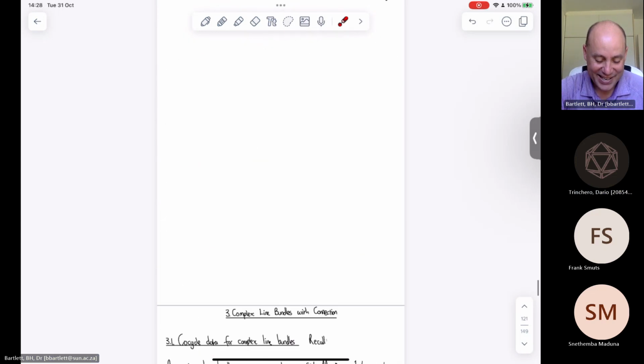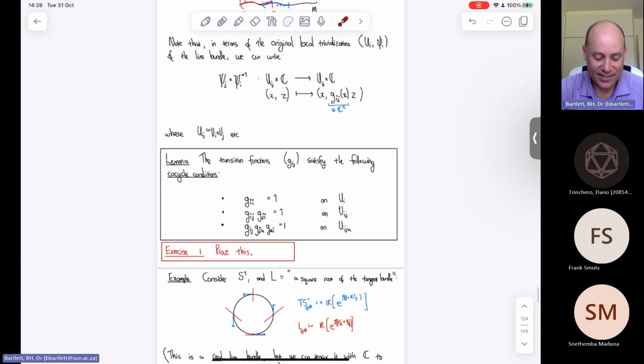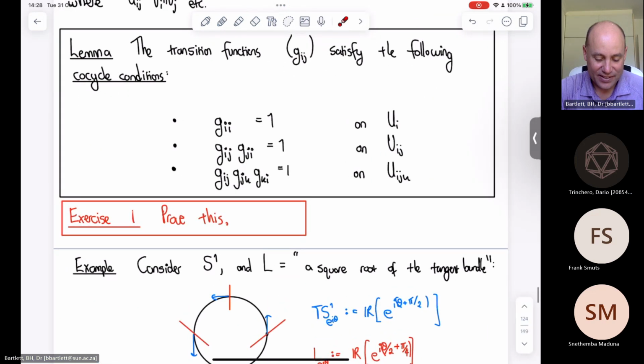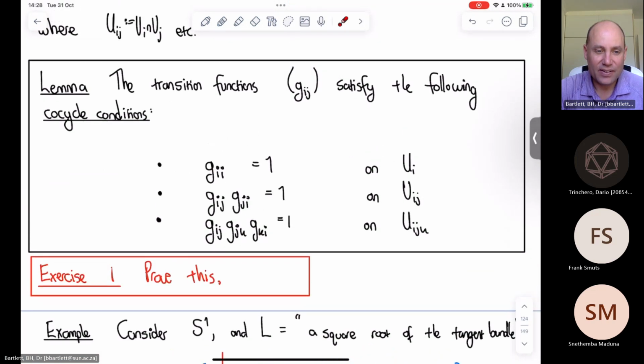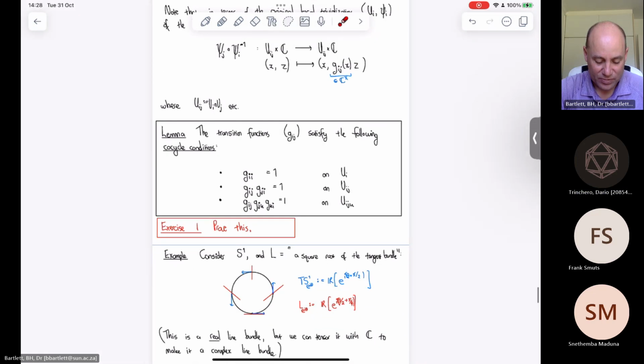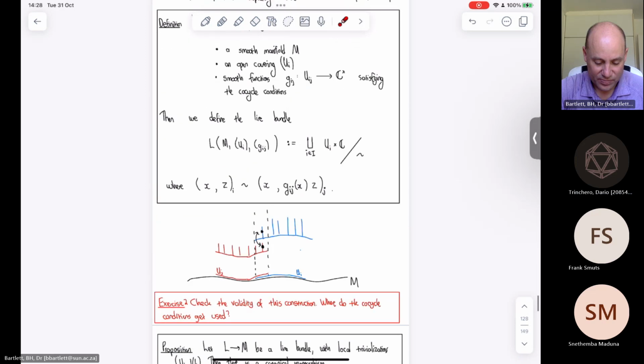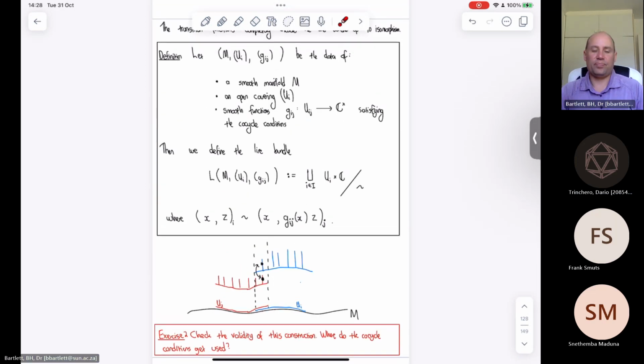Here we go. Okay, and then the construction? Is it to ensure that tilde is in fact an equivalence relation? Indeed. So it's got to be reflexive, symmetric, and transitive.